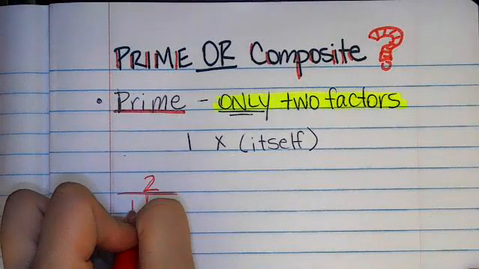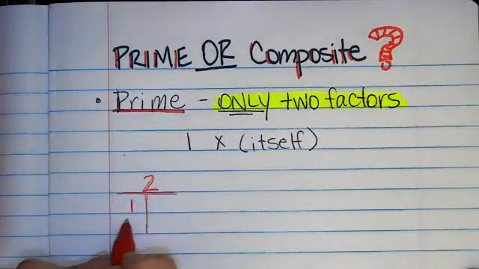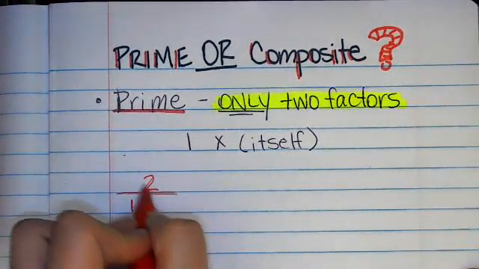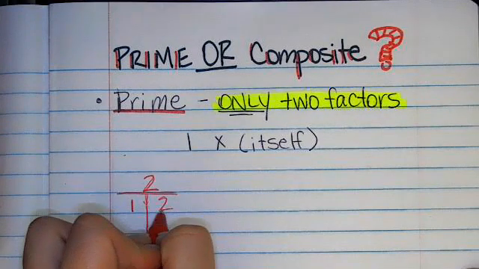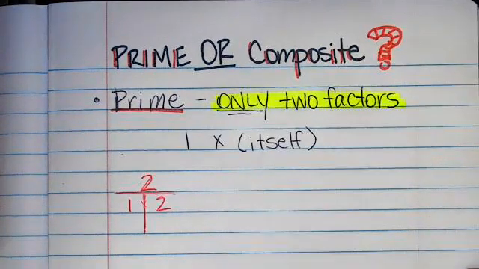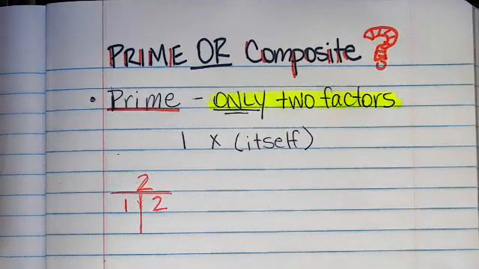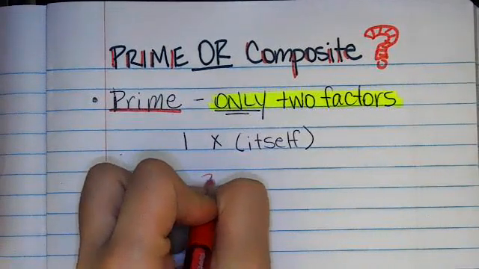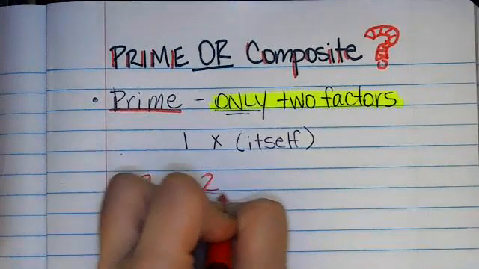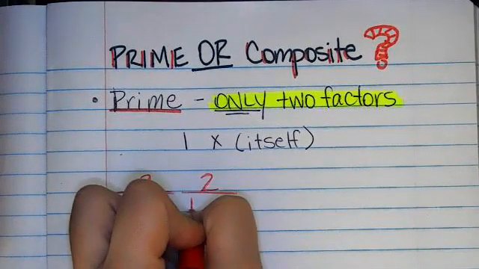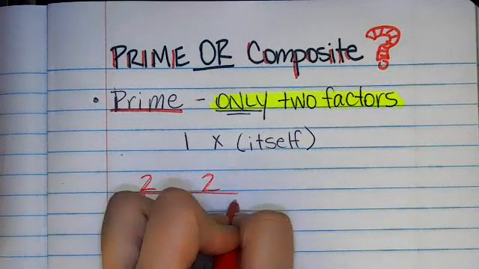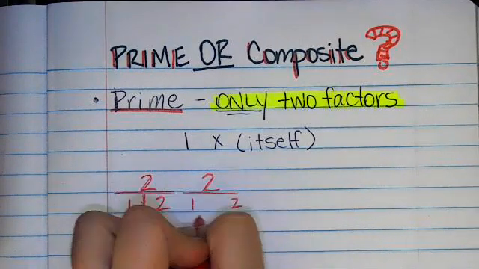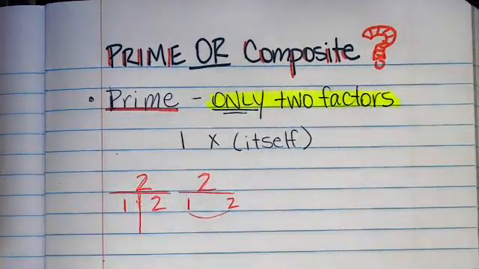We have the number 1, which we always start with, and then 1 times 2 equals 2. But you can't find any other numbers to multiply together to equal 2. So it's prime. Or I can represent it like this, where I start with the number 1 here, and then the pair is 2, 1 times 2. And that's that factor pair.